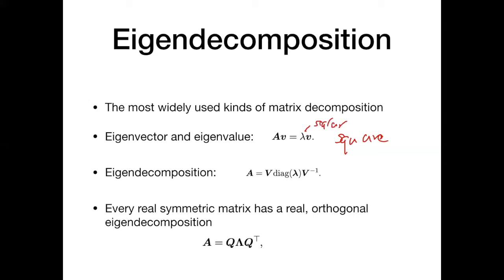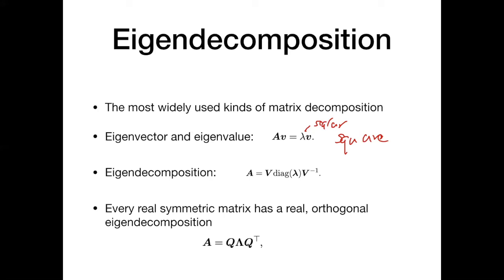So if a vector satisfies this expression, it's an eigenvector of A, and lambda is the eigenvalue. A matrix usually has more than one eigenvalue. After we get all of the eigenvalues and eigenvectors, we can do the eigendecomposition in this way.